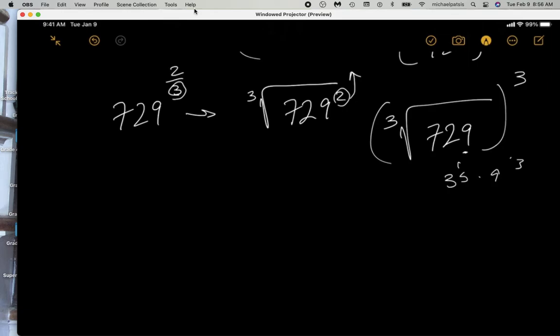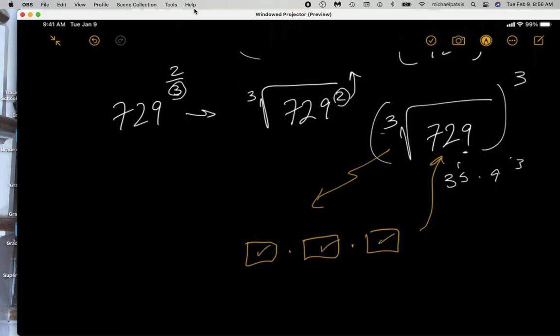What does the cube root mean? The cube root means you're looking for a number, we don't know what it is, that when it's multiplied by itself 3 times, you get the radicand. We don't know what that is, but we know it's going to be the same number multiplied 3 times to get that radicand.